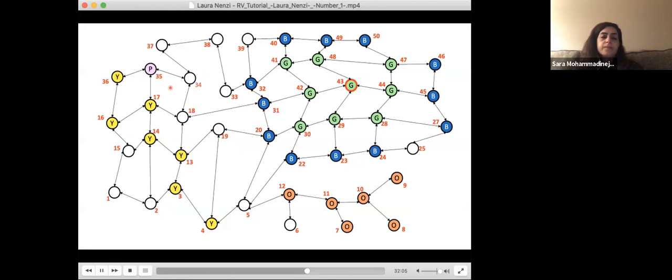So, like, the yellow atomic proposition is satisfied by all the nodes that are yellow. And similarly, the blue proposition is satisfied by the locations that are blue, and so on. In this way, we focus on understanding just the spatial operators.